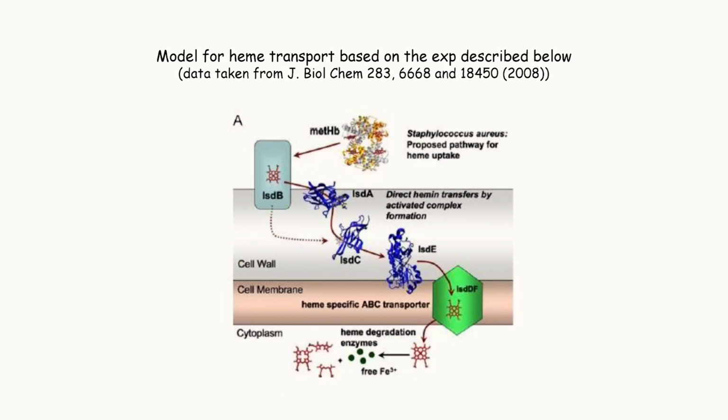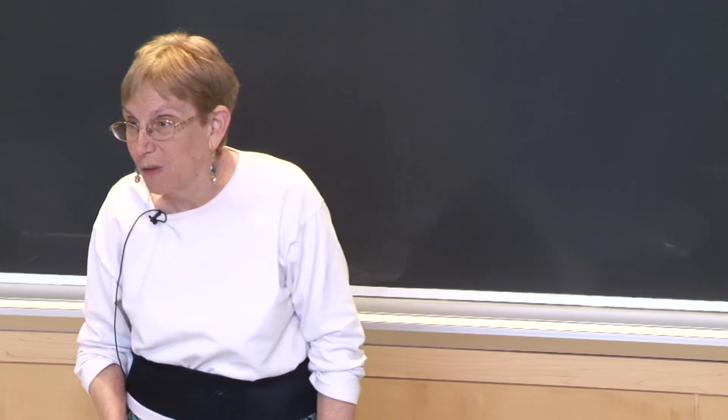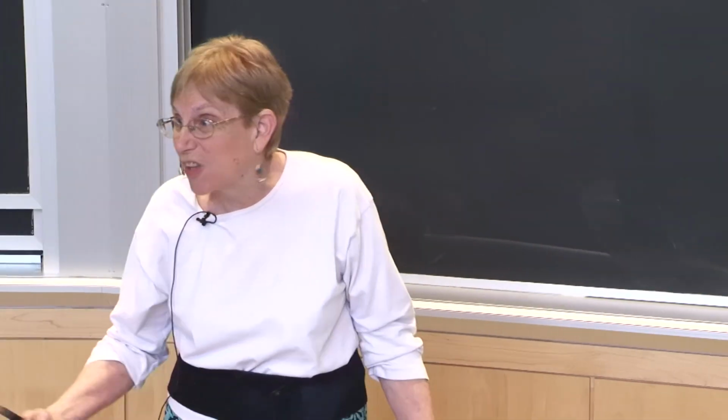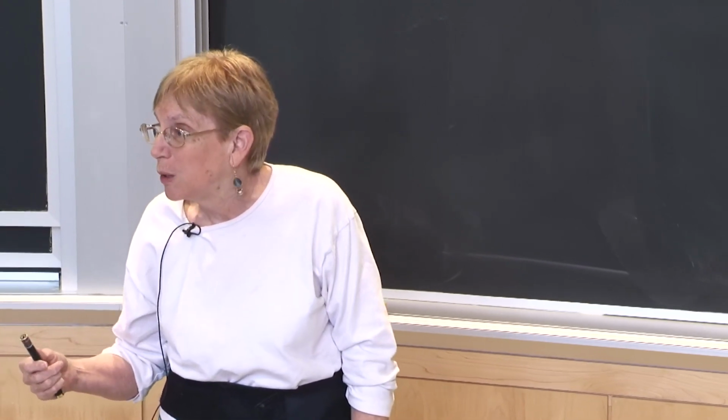And then the question is, is there an order? If you get it out of ISDB versus ISDH, is it transferred? Here we have A closer to this than B, but is C closer than A? I mean, what is the organization? How many of these guys are there? Can they be transferred back and forth between the ISDAs? I mean, there's 100 questions you can ask, and I think we don't know the answer to any of them.